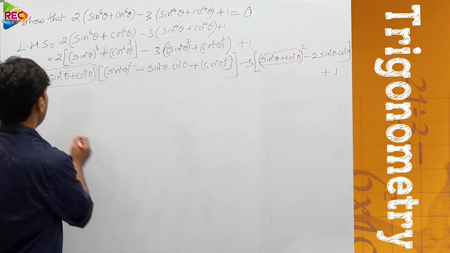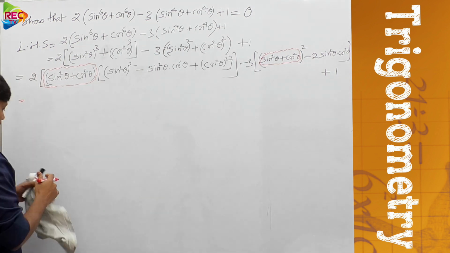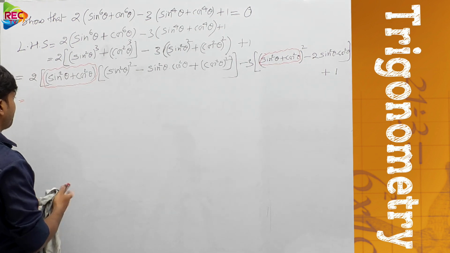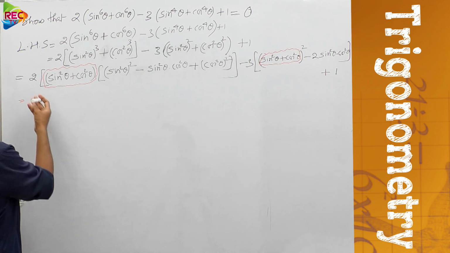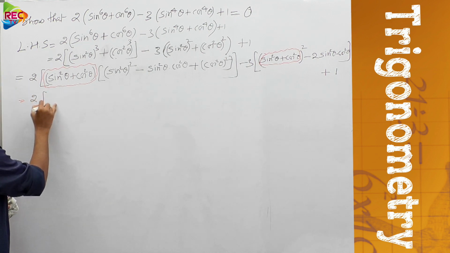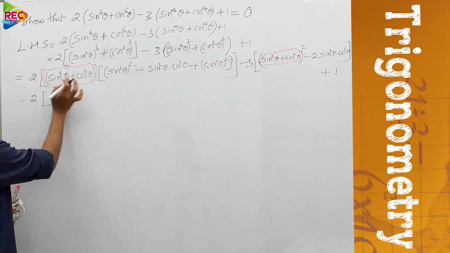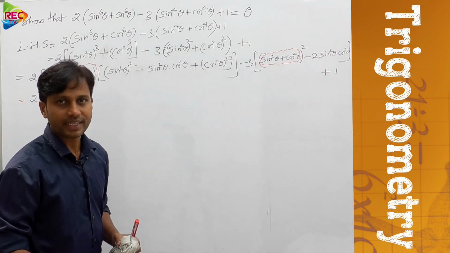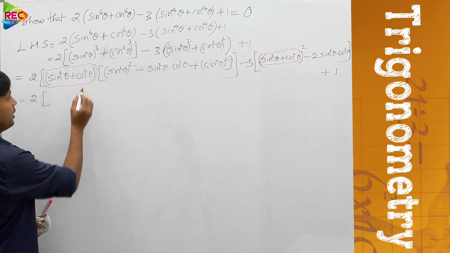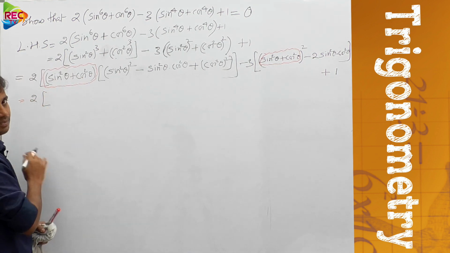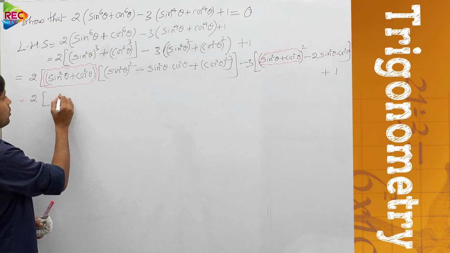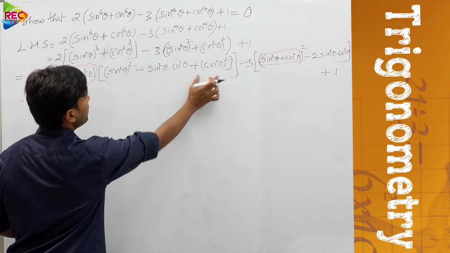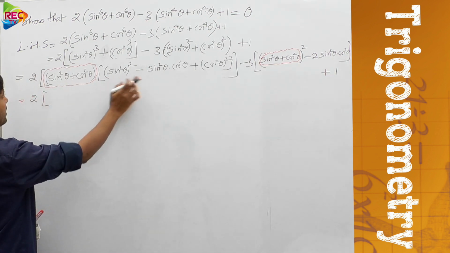See this, here we can take 2 into. Now the value of sin square theta plus cos square theta would be 1 according to trigonometric identities. So here we can eliminate this one. Here there is 1, so we can simply put this value. So now what is this?